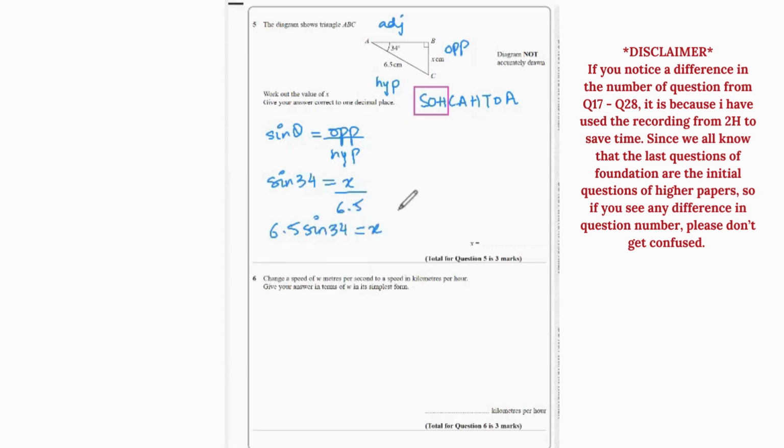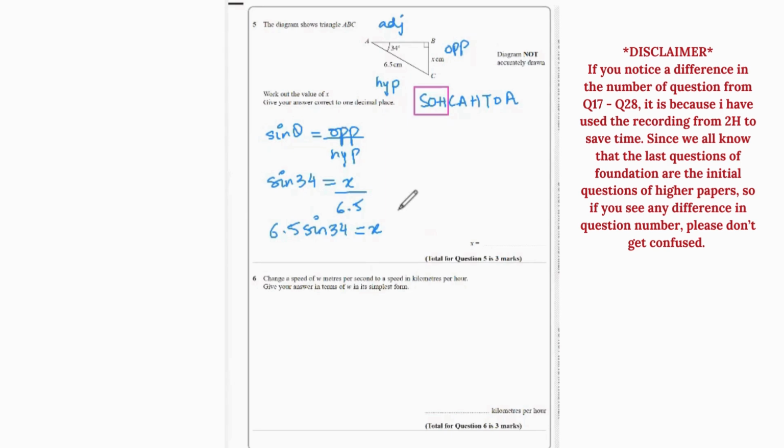So now a very common question that I get from my students is, when are we supposed to cross multiply? When are we supposed to take the inverse of the trig ratio? So remember, you will take the inverse when they're asking you to find the angle, not when they're asking you to find the length. And the cross multiplication happens when they have given you the hypotenuse. In case they have given you the opposite or adjacent and they want you to find the hypotenuse, then you will bring the sine value on the right-hand side and you will do division, not cross multiplication.